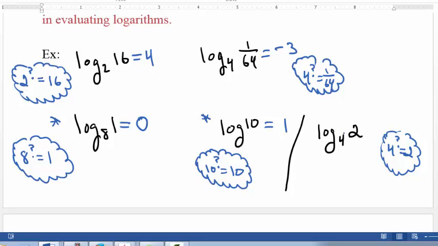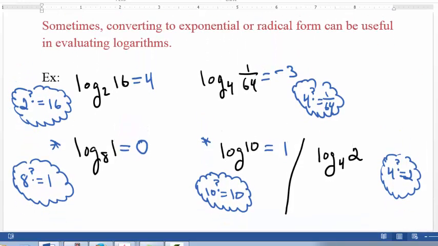And this is where I had said at the top, it can be useful to convert to radical form sometimes, because that's what we have here, right? 4 to what power will give you 2? Well, it's really the square root of 4 that's equal to 2. And if you remember when we did radicals, we said radicals were really fractional exponents, and the square root was actually the 1/2 power, right?